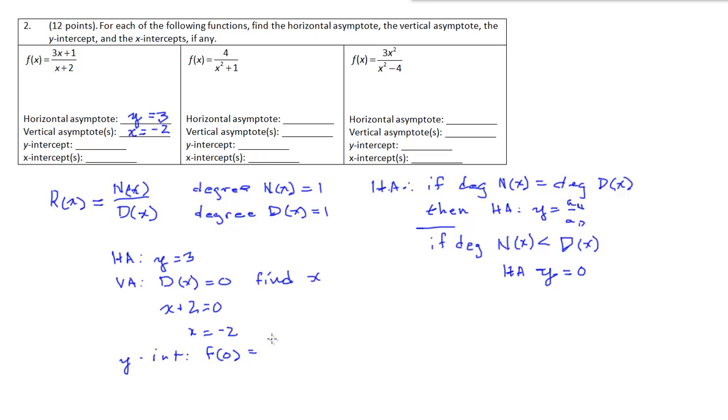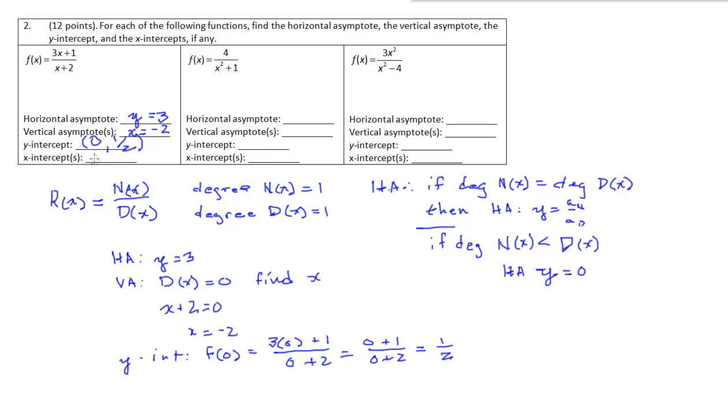Well, that is 3 times 0 plus 1 over 0 plus 2, which is 0 plus 1 over 0 plus 2. You get the idea, it's just 1/2. That's the output.